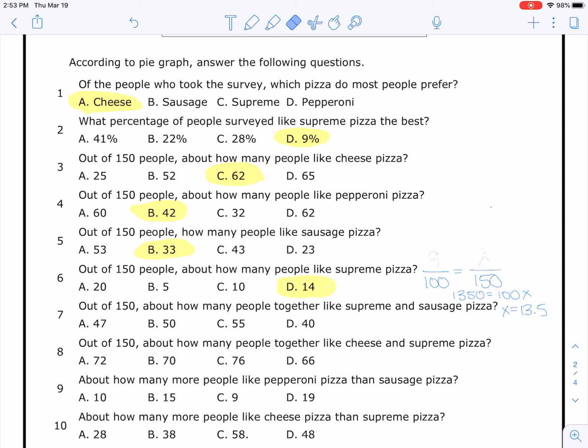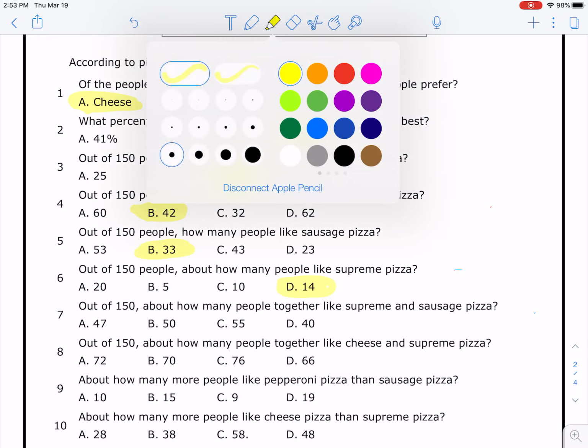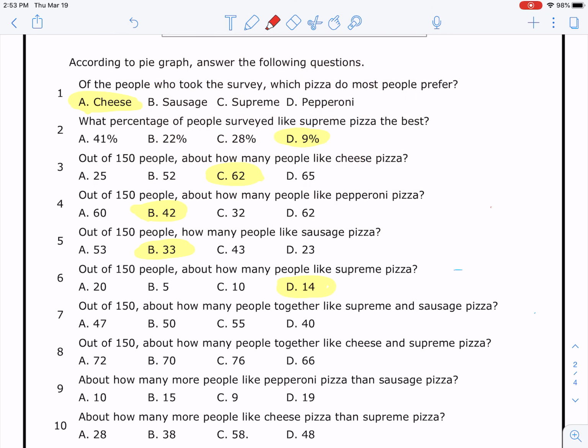Number 7, out of 150, how many people together like Supreme and sausage pizza? So we're going to look at both of them together. Or what you can do is you can go back to the question. And I remember that out of 150 people, they said that 14 people liked Supreme.